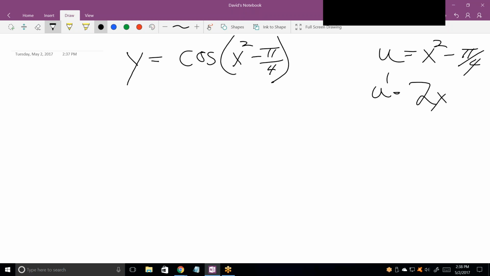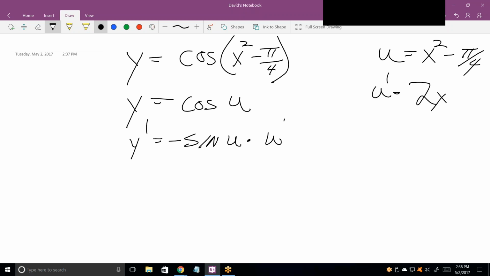Right. So our problem is really cosine of u, and y prime is going to be negative sine of u times u prime. Because the derivative of the outside, which is minus sine of u, times the derivative of the inside.